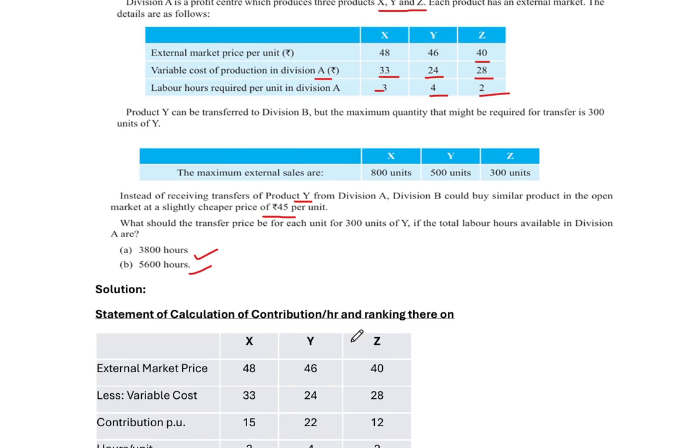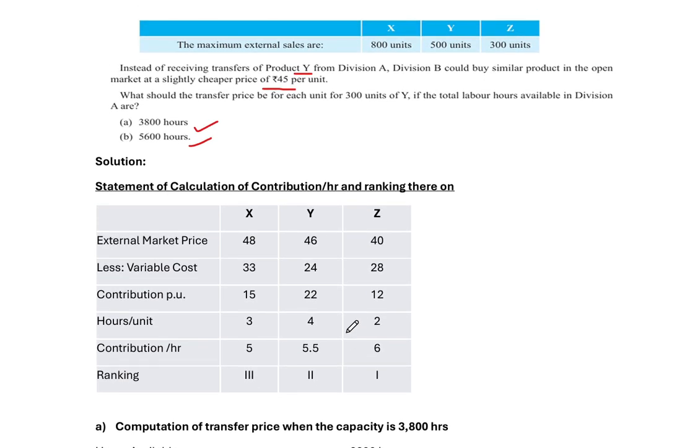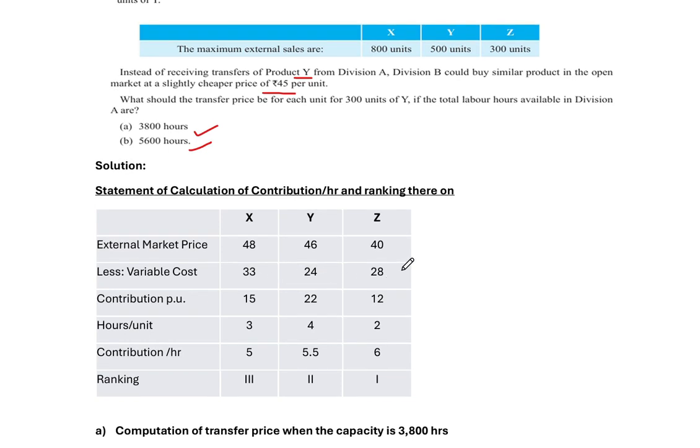Let's start the calculation part. First we need to calculate the contribution. So we will subtract the variable cost from the external market price. In the question, the external market price data is given and variable cost is also given.